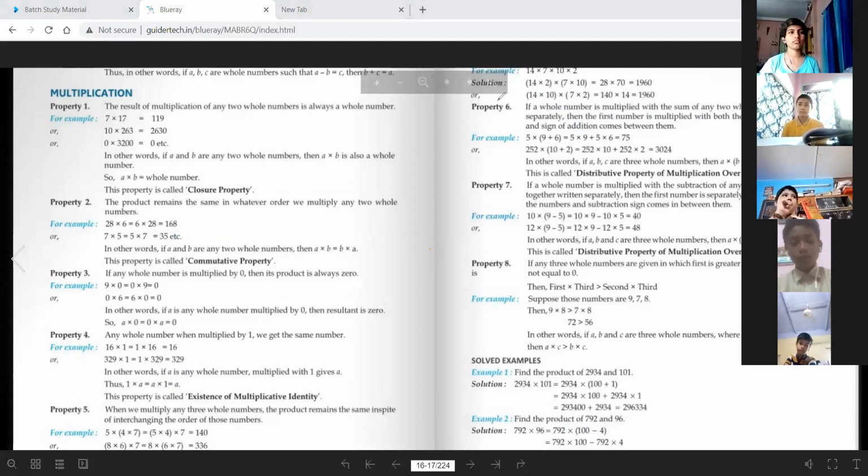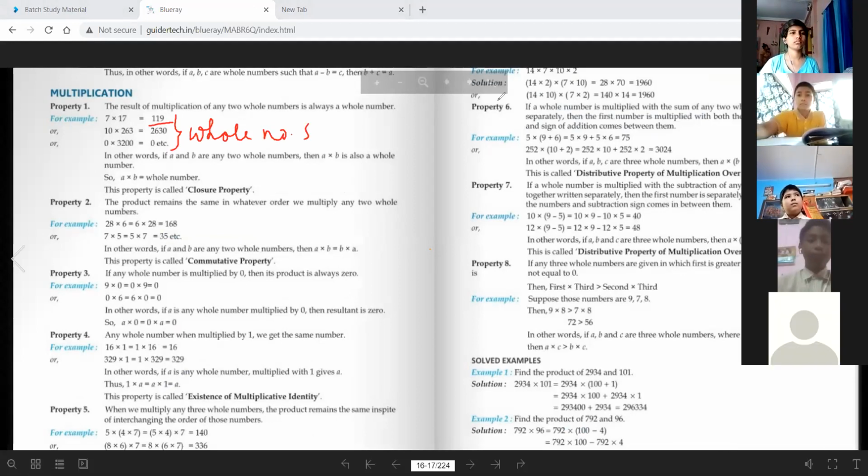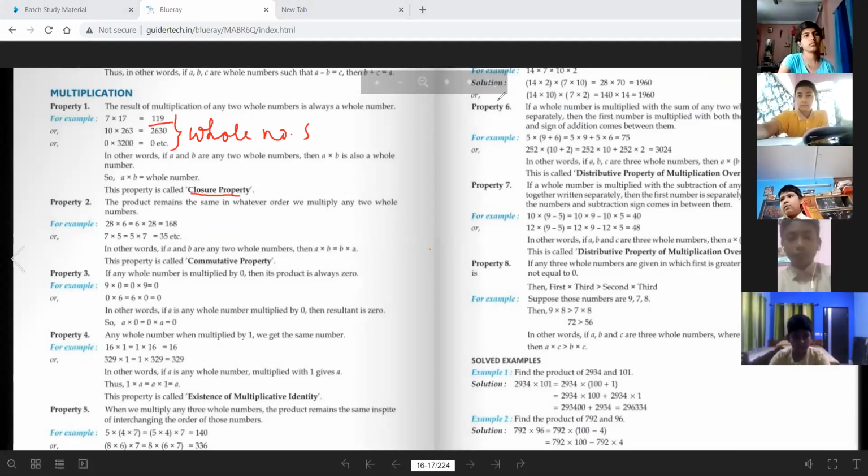You all can see the answers here. These all are whole numbers, right? So this is called closure property. Then commutative property. In commutative property, it is also the arrangement.